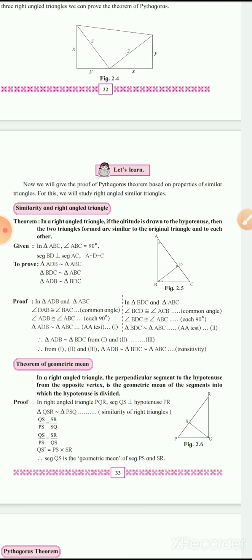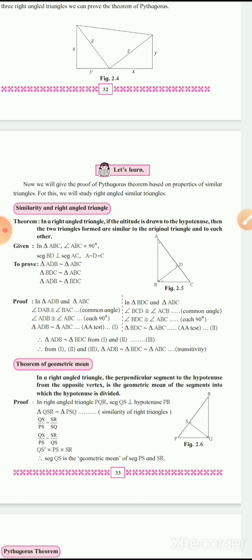Here the reason is similarity of right angled triangles. Now if these two triangles are similar to each other, then their sides are in the same proportion.